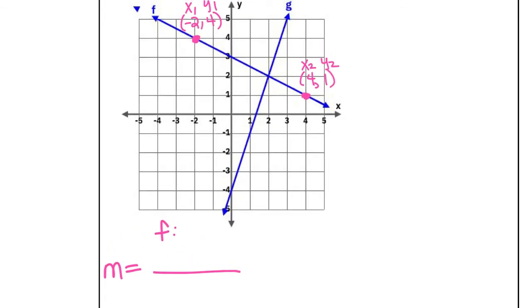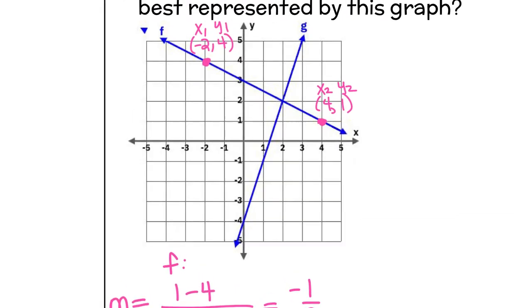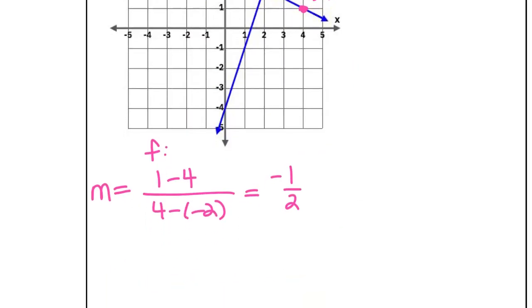So we want y2 minus y1 on the top, so that'll be 1 minus 4. Then x2 minus x1 on the bottom, so 4 minus negative 2. So when you put this into the calculator, you get negative 1 over 2. Okay, now if you look at that line closely, I need to find my y-intercept.